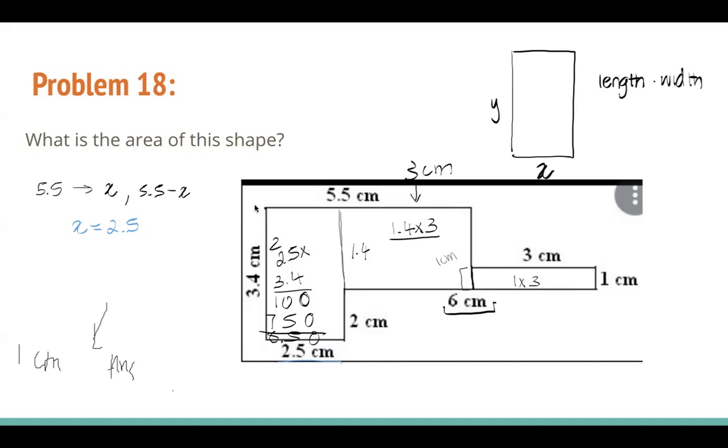So what this is telling us is that the area of this rectangle is going to be 8.5 centimeters squared. Okay? So why don't you guys try and find the area of the middle one and the last one? What would these two areas be?